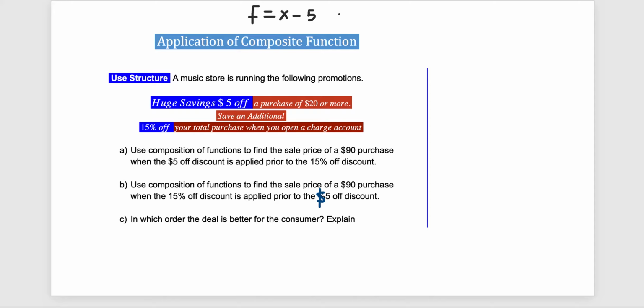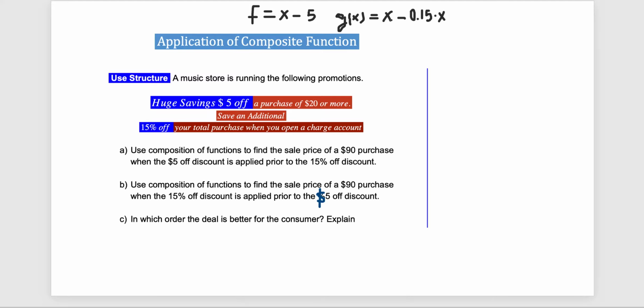And the other function, g of x, is the function when you have 15% off. So g of x is equal to the price of the item x minus 15% off. We convert the 15% into the number 0.15 times the price x.